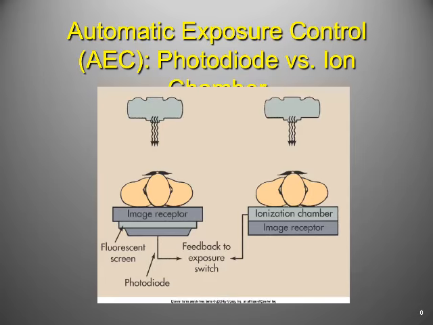Okay. Last thing I'll talk about is the automatic exposure control, and photodiode versus ion chamber. What we'll talk about mostly is ion chamber. Okay, I know it kind of got cut off on our slide here. Some old school texts will still call this a phototimer.